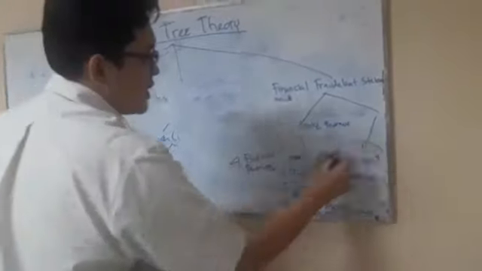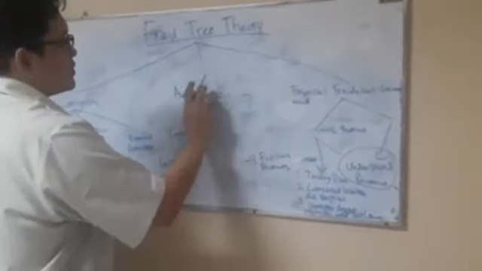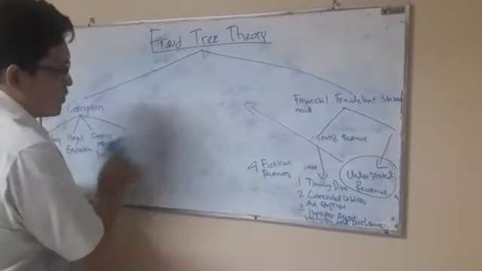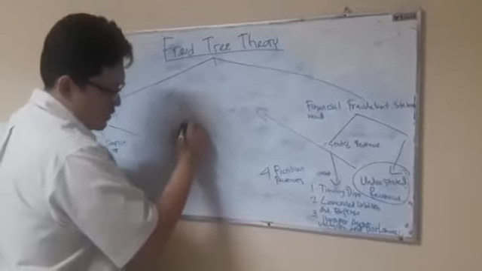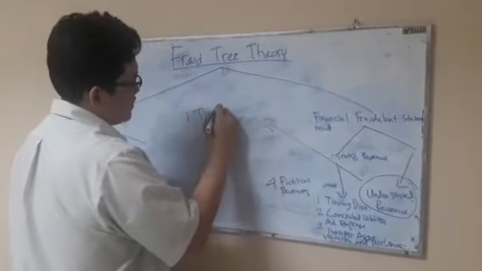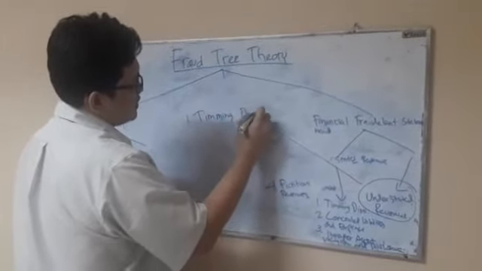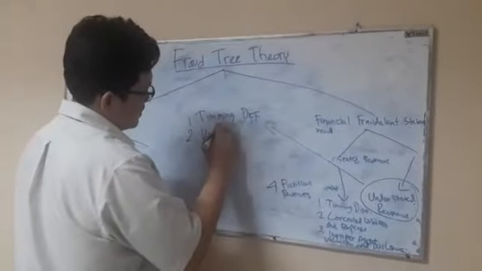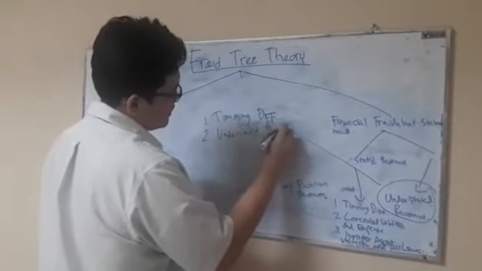And how about understated revenue? I will explain and divide it into four actions. Number one is also timing difference. Number two is understated revenue.